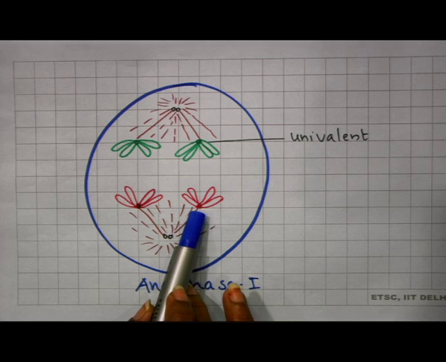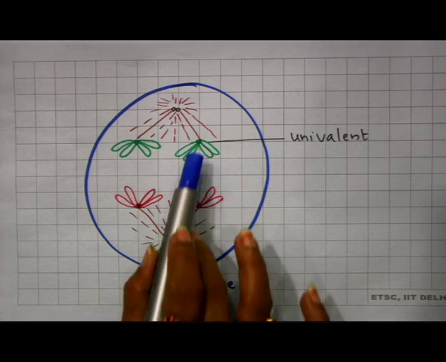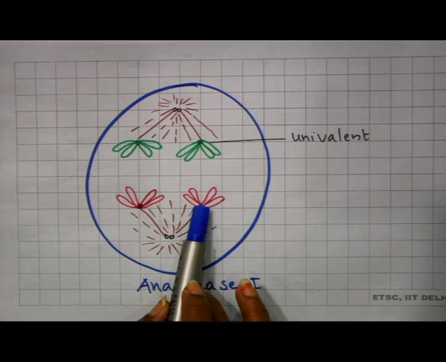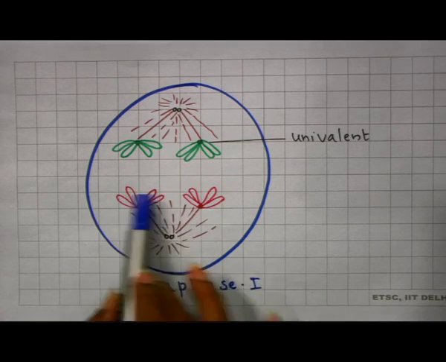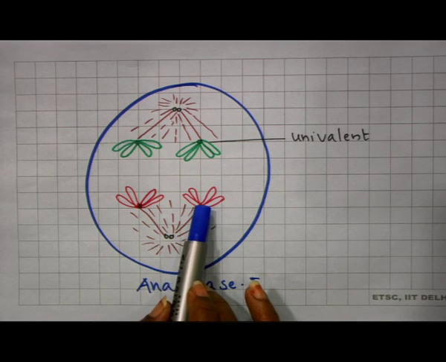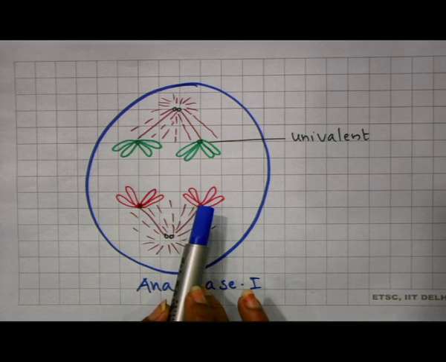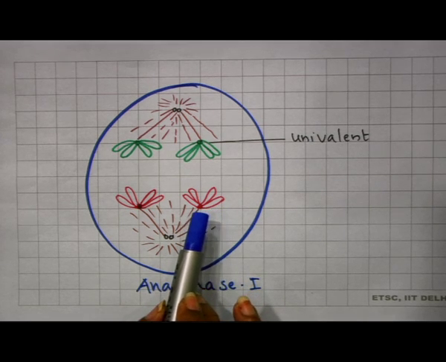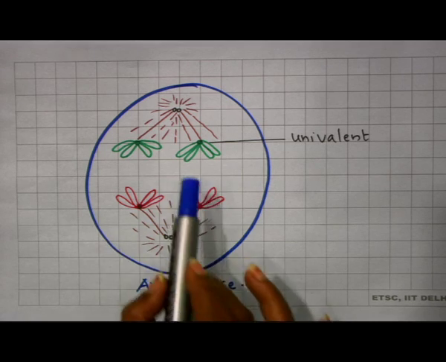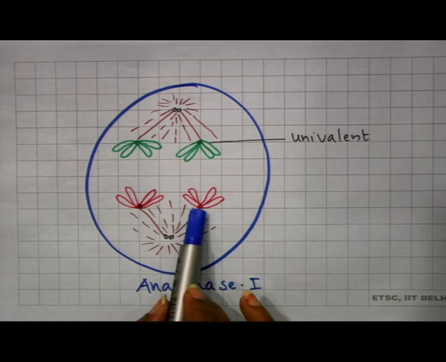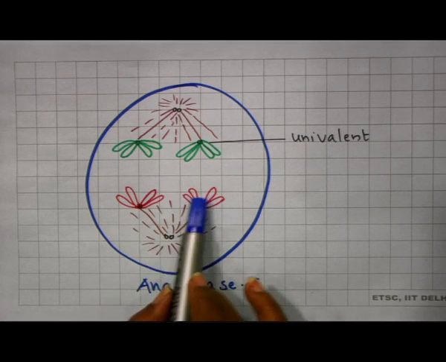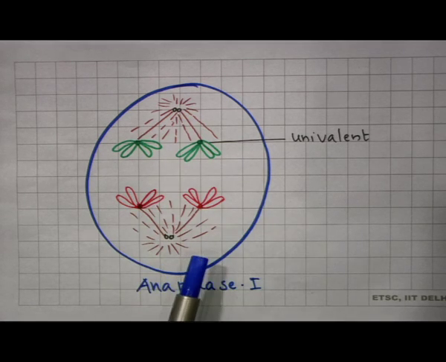A bivalent is a group of 2 homologous chromosomes, and they are separating. The members of a bivalent are separating, not the chromatids. This is a very important point to be cleared here. So the bivalents are separating and moving to opposite poles.